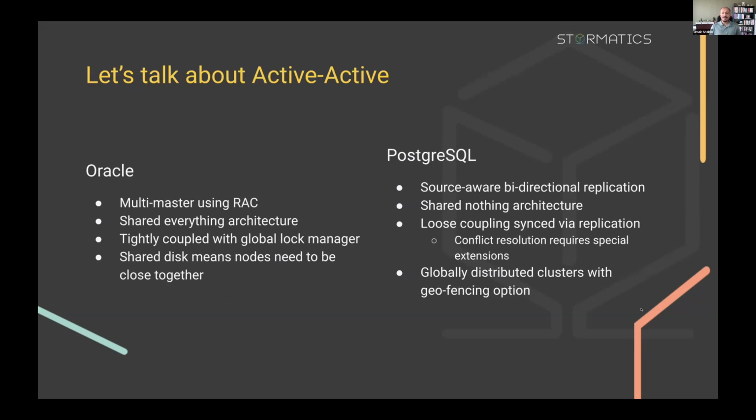Okay. Now, my favorite topic also tends to be the most challenging: active-active. There's a lot of confusion in the world around Oracle and Postgres. Yes, Alex is agreeing. I'm ready to be confused.